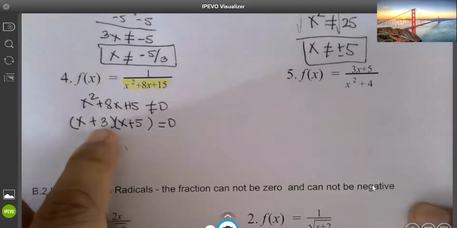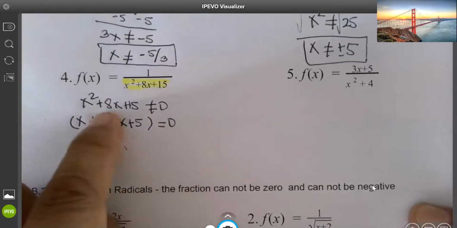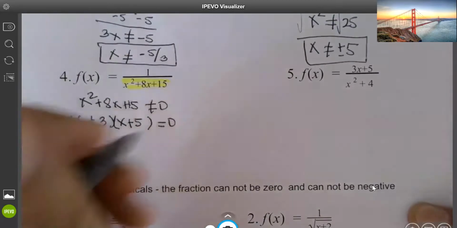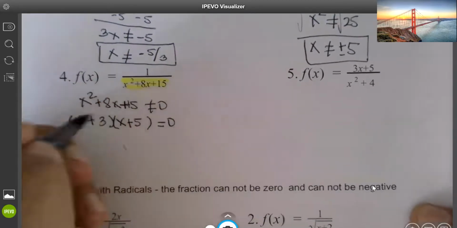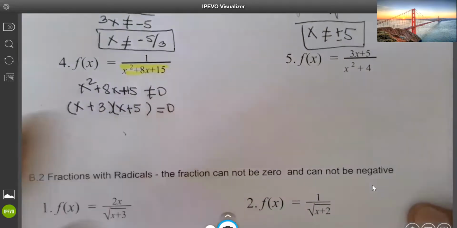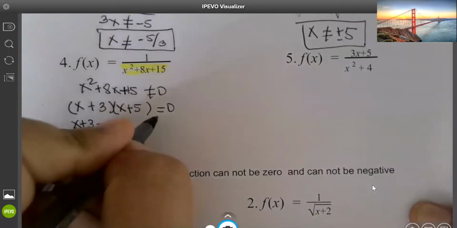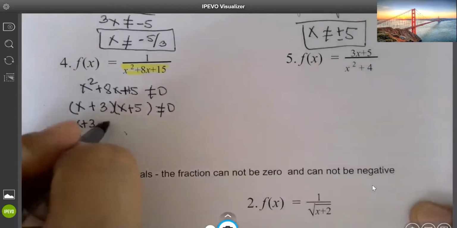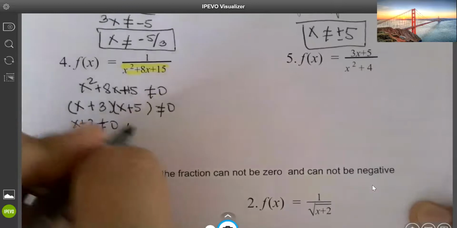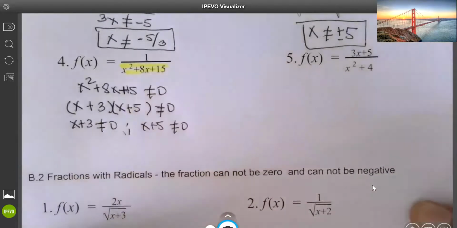Okay, 3 times 5 is 15. 3 plus 5 is equal to 8. Okay, this is plus 15. So now by the zero product property, I can have this one, x plus 3 is not equal to 0, or the other one is x plus 5 is not equal to 0.